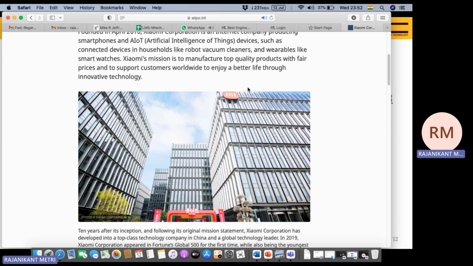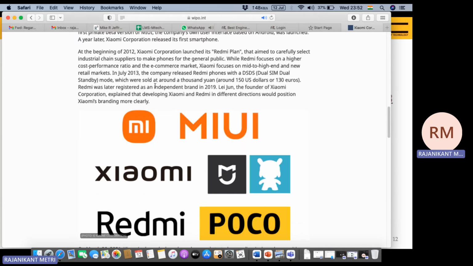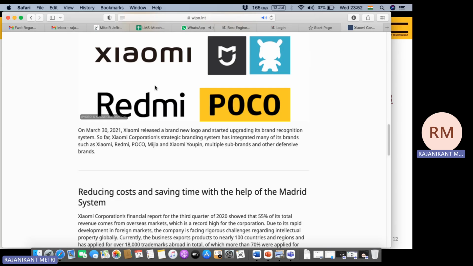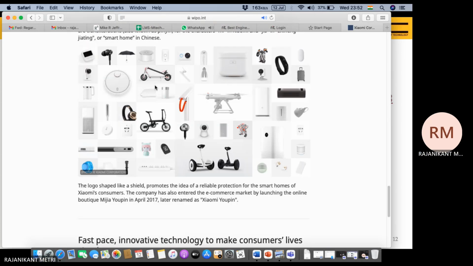We have seen how this product has evolved in the last decade in India and even all over the world. Here is the list of products they have developed.